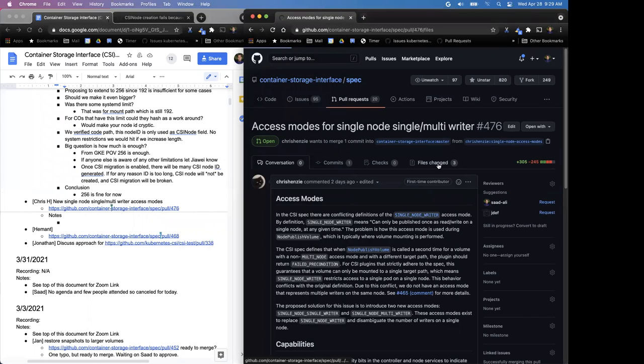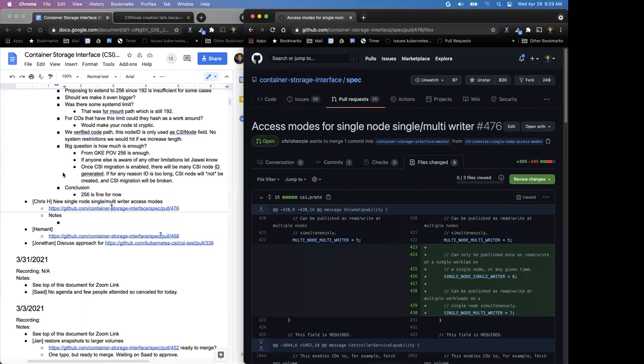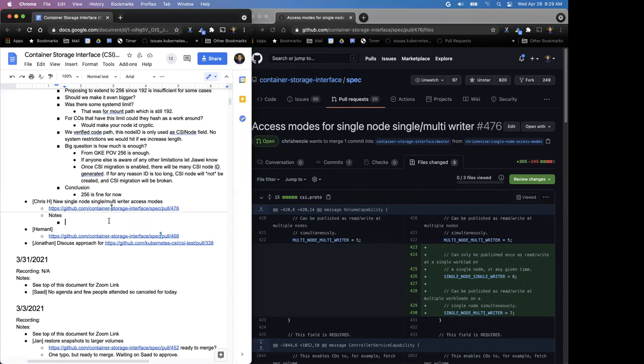The problem is how this access mode is used during the node publish volume RPC. In the spec markdown, we have a table that outlines the expected behavior when this RPC is called more than once for the same volume on the same node. It outlines that when it's called a second time for a volume with a non-multi-node access mode and a different target path, the plugin should return failed precondition.